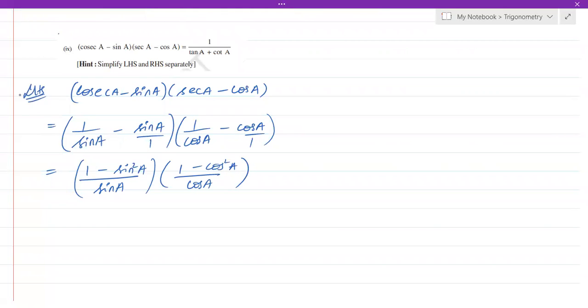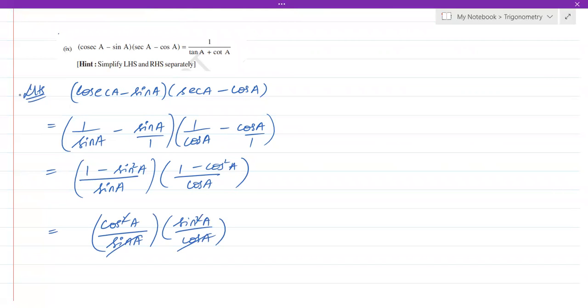Now if you observe, there is an identity. 1 minus sin square A is what? Cos square A divided by sin A, into 1 minus cos square A, which is sin square A divided by cos A. If you observe, cos A one time gets cancelled, sin A one time gets cancelled.